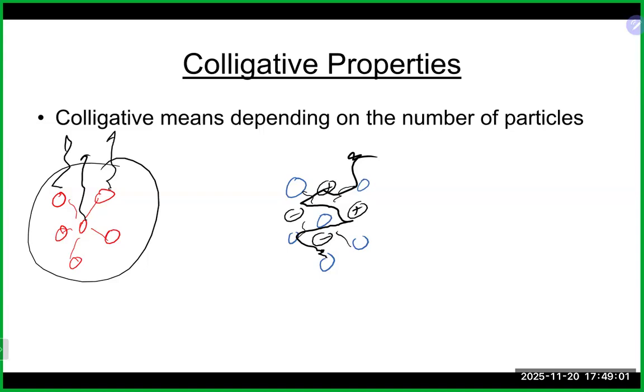So when you put some solute in a solution, it can affect the temperature at which that solution will freeze or boil, and it will freeze or boil at a different temperature than just the solvent by itself, like water by itself. And the presence of those particles is what's causing the problem.